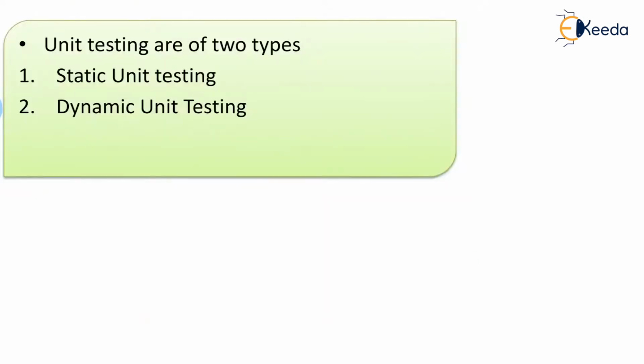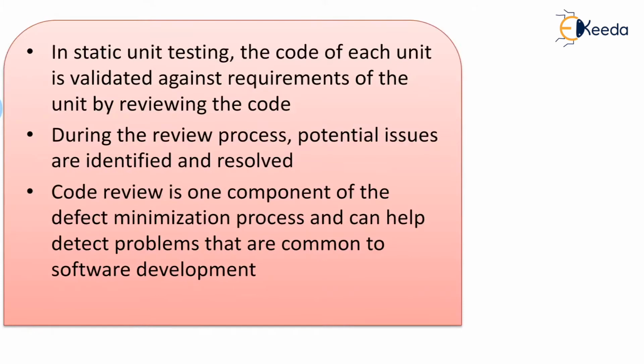Now, there are two types of unit testing, that is static unit testing and dynamic. Let us see what is static unit testing. That is, the code of each unit is validated against the requirement of the unit by viewing the code. I hope you remember our white box testing, where we studied static testing.